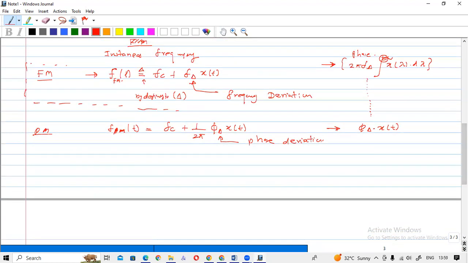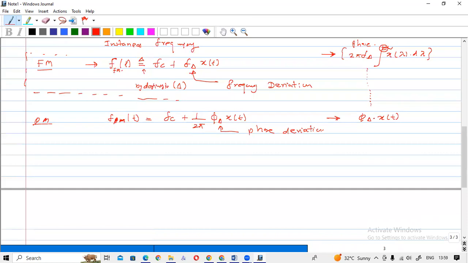If you consider this frequency deviation, it is included in both the instantaneous frequency and the instantaneous phase. This f delta is the frequency deviation.